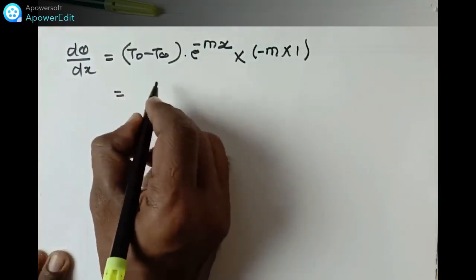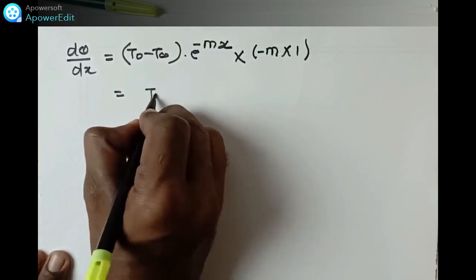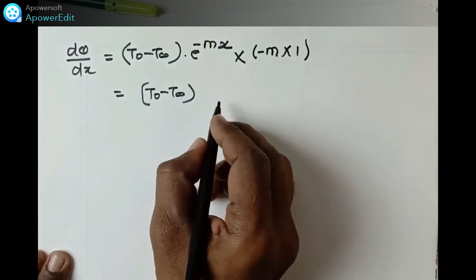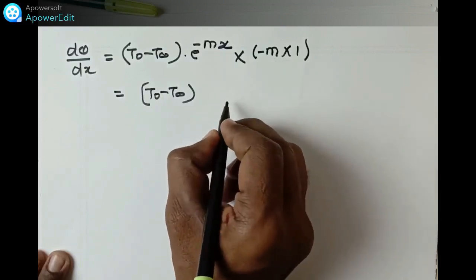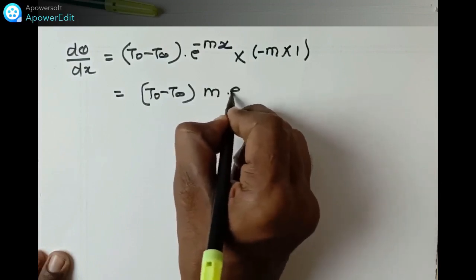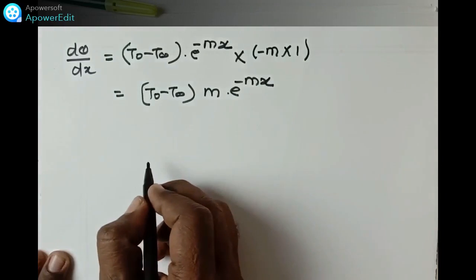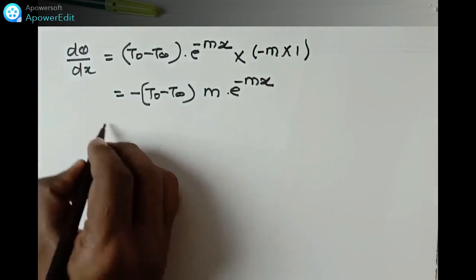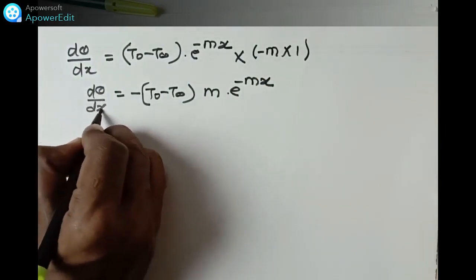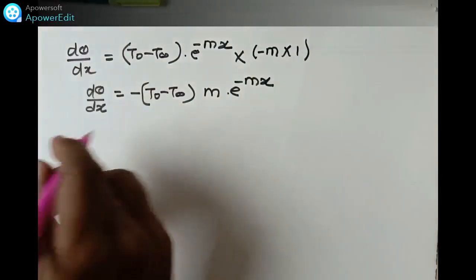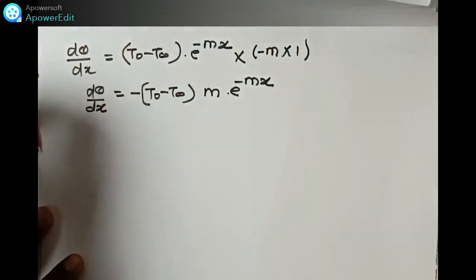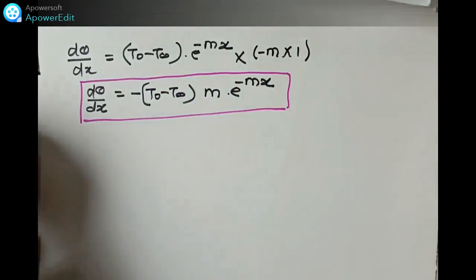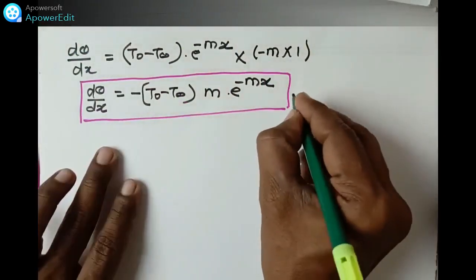So here we will have the equation, that is T0 minus T infinity, this minus sign, m into e raised to minus mx. Let us write this equation as equation number 7.